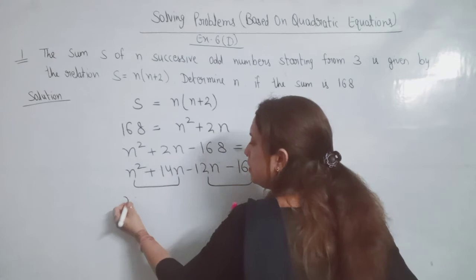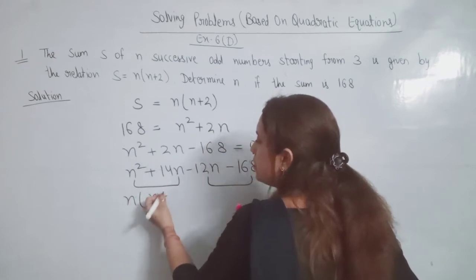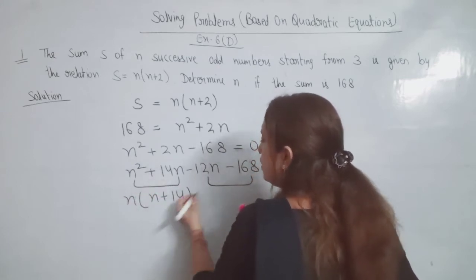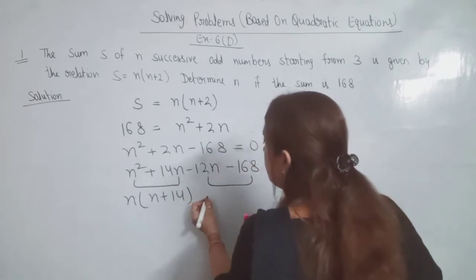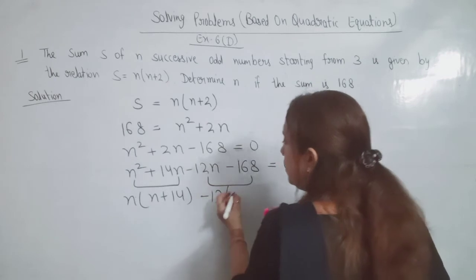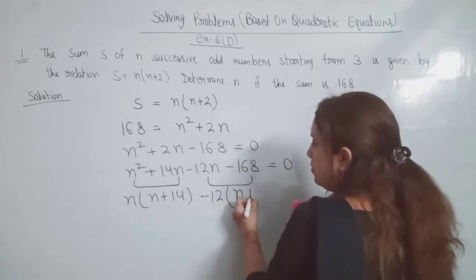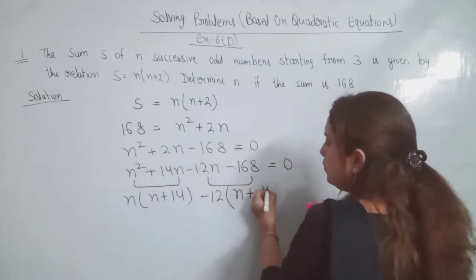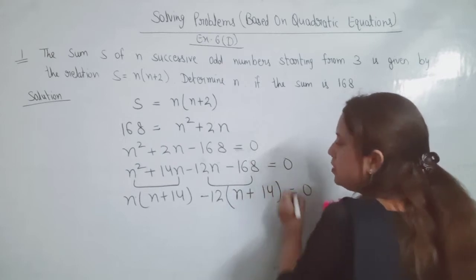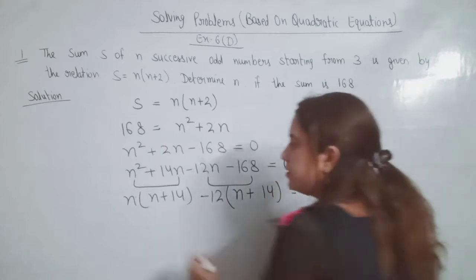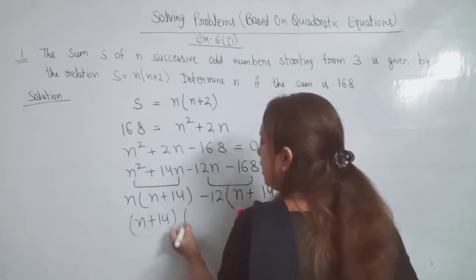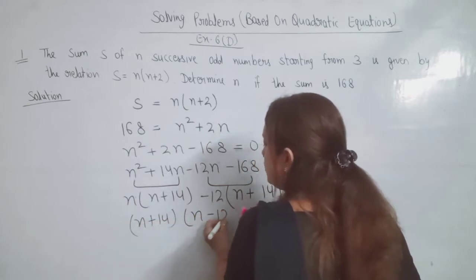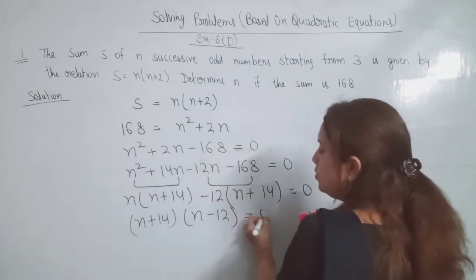In the first pair it is n plus 14, and in the second pair minus 12, n plus 14 is equal to 0. So the two factors are n plus 14 and n minus 12 is equal to 0.